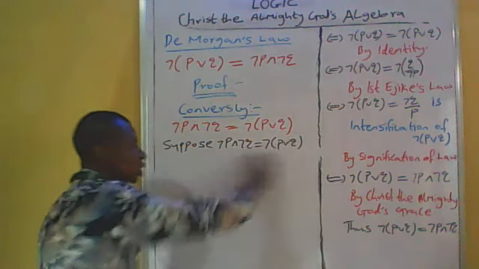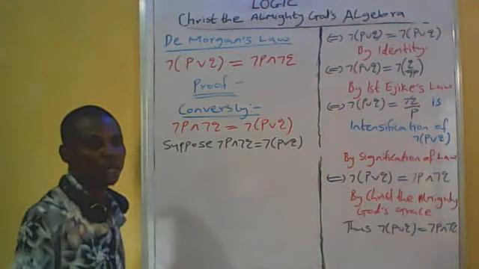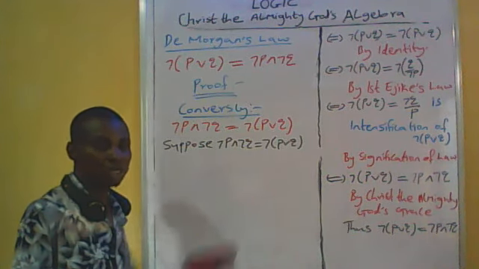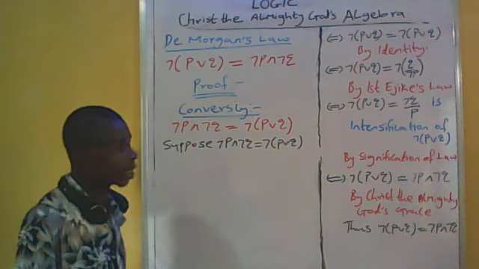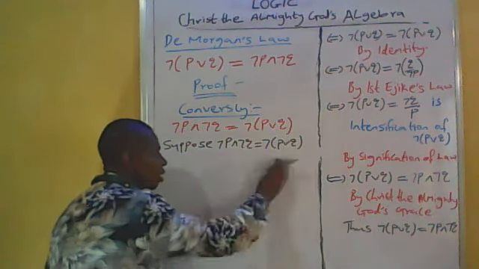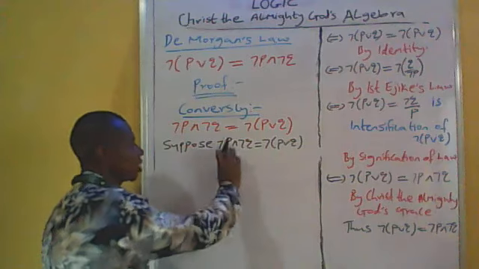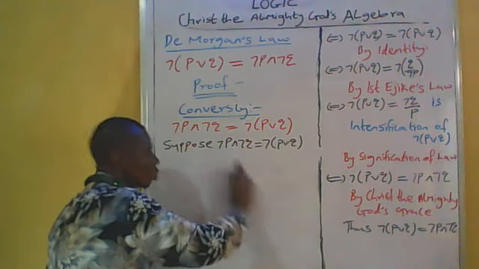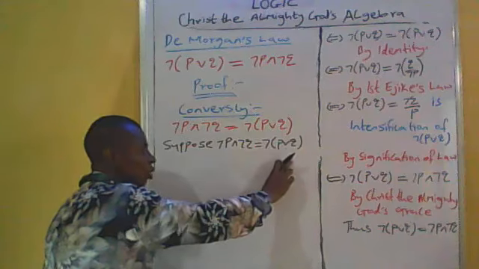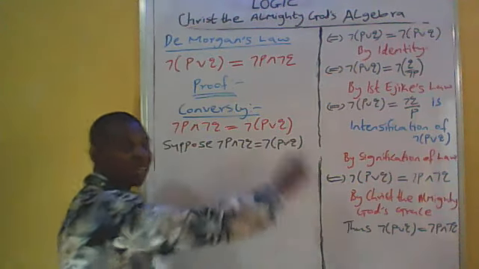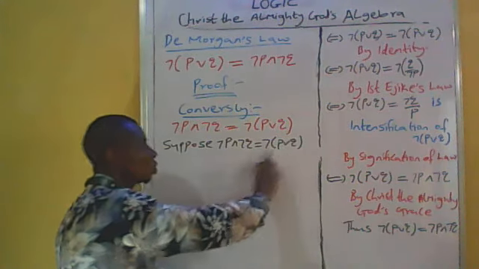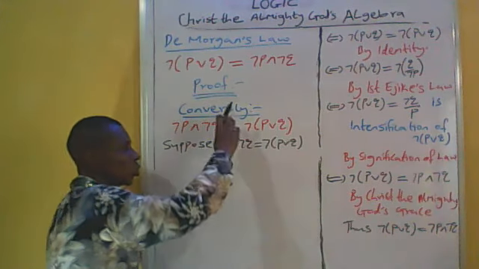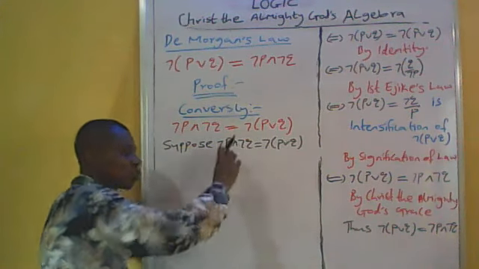So we assume that the statement is true and it is our hypothesis. Since the statement is logical equivalence, whenever one side of the equation is true, the other side must also be true. In the same vein, whenever one side is false, the other side must also be false.